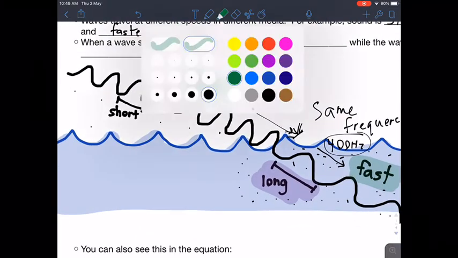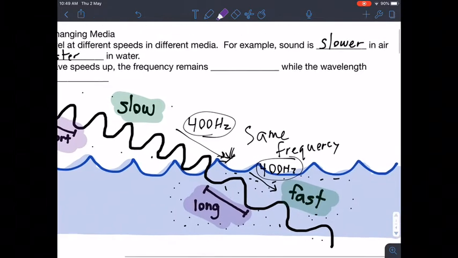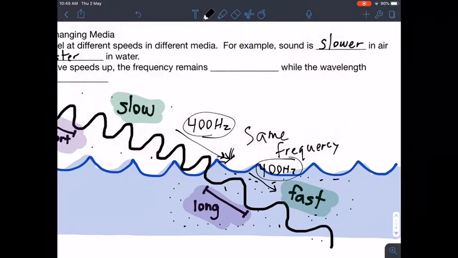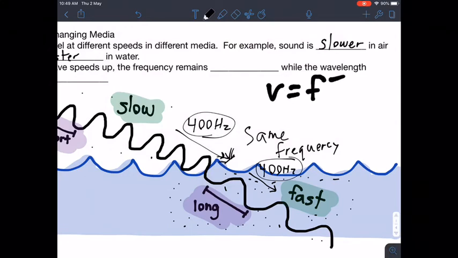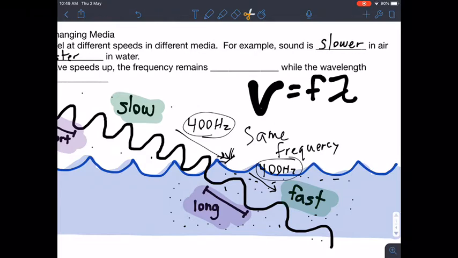So over here, the waves are relatively short and slow, whereas here they're going fast and they're longer. So this is different from what we talked about the other day, and to write that with the equation, what we're saying is that you're taking this normal equation that we talk about, and the wave speed is increasing, it's going faster, and so something on the other side of the equation has to increase too.